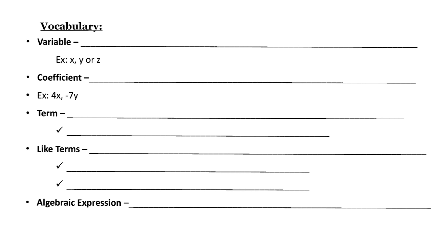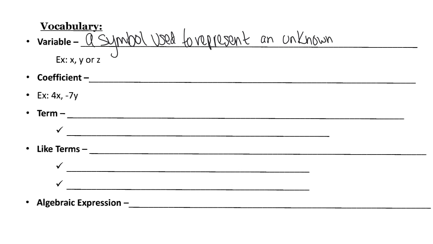The first word is variable, and a variable is a symbol used to represent an unknown number or value.